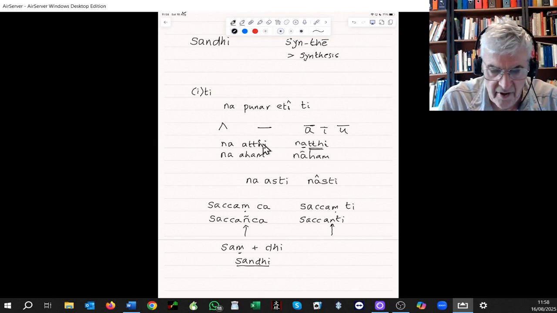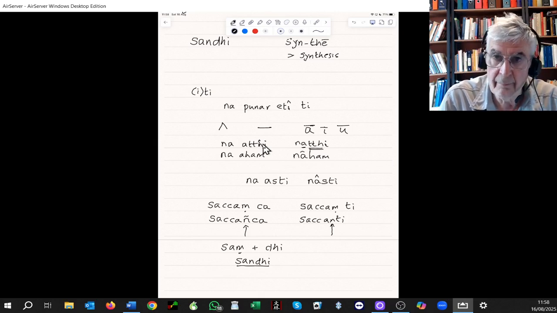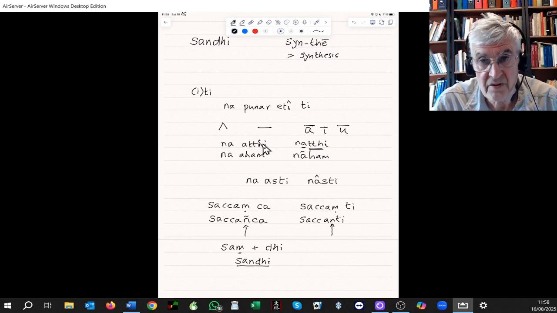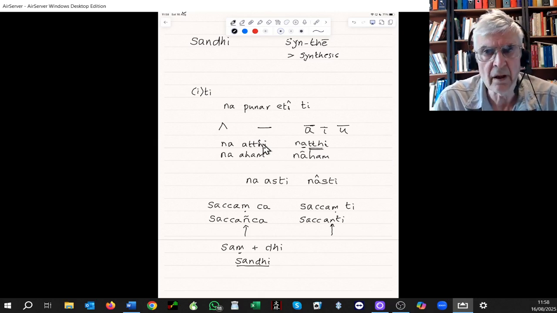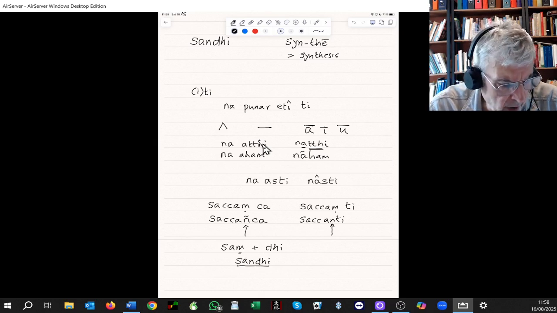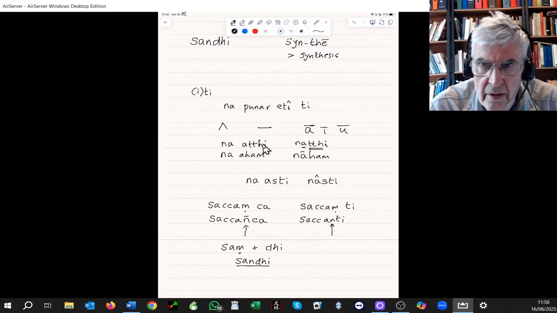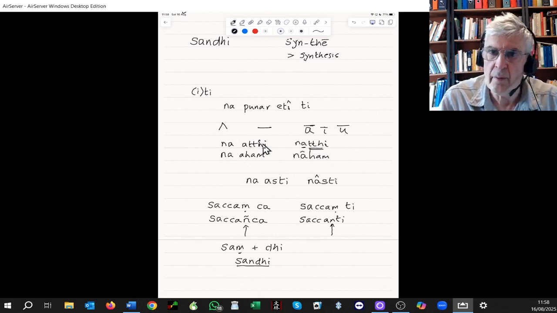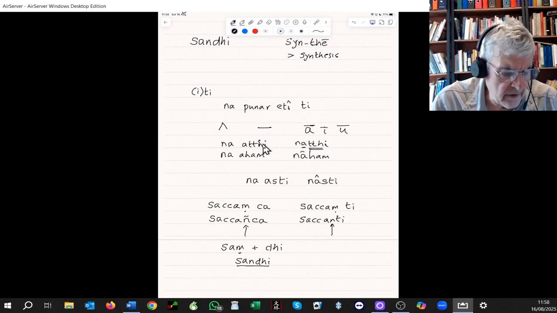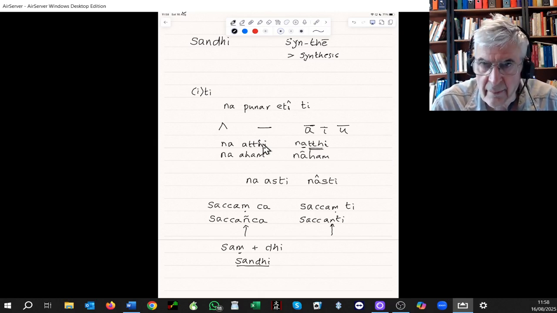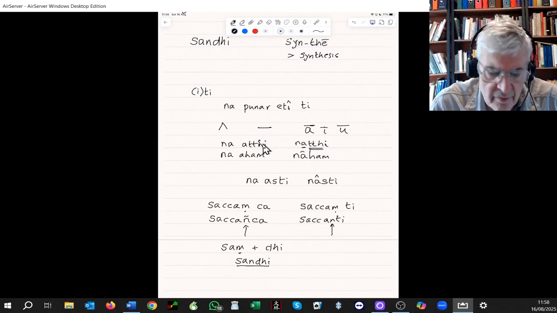And following that same order, it would be aham na samanupassami, which would be correct in Pali. But Pali will very often place the na at the beginning of a sentence, even though it separates it from the verb. That's normal. So naham samanupassami and aham na samanupassami mean the same thing.